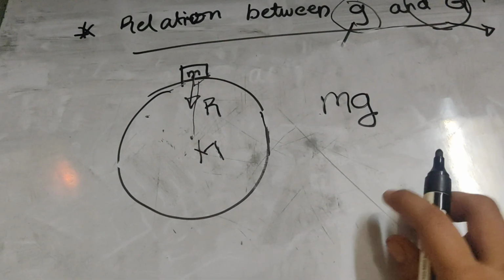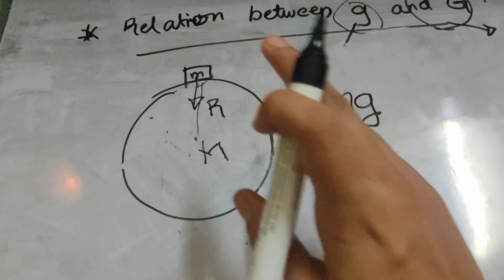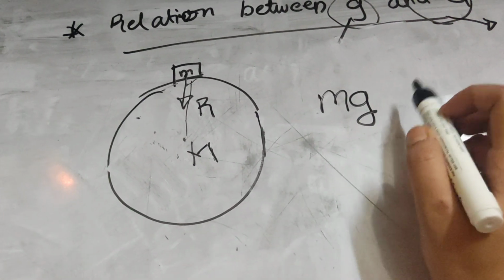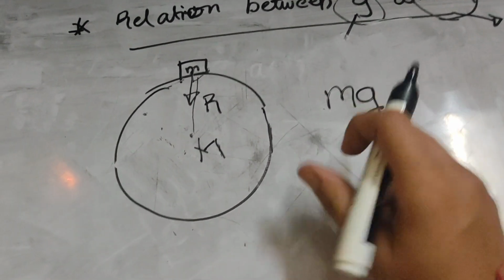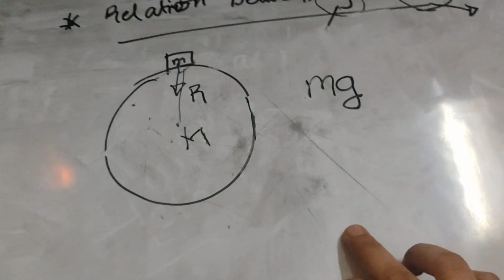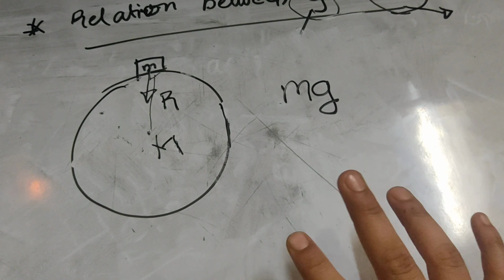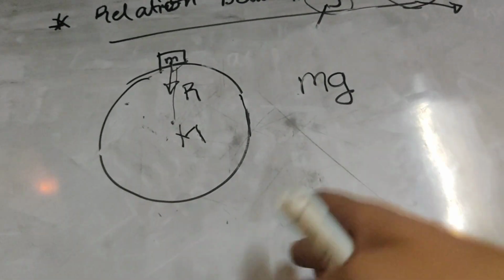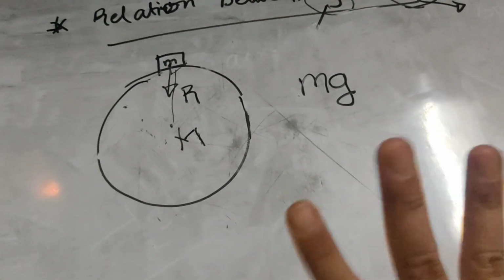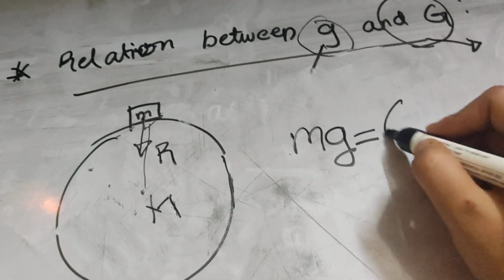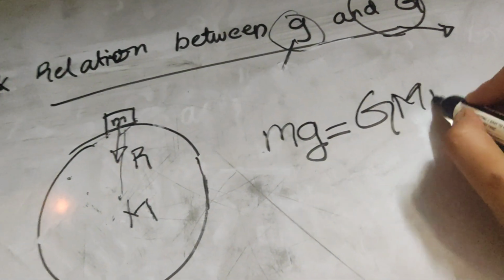This we can equate with the gravitational force existing between the capital mass M and the smaller mass m. I told you in this gravitation chapter, whenever you find any type of force, weight, tension, or centripetal force, you just need to equate it with gravitational force. So similarly we do it here.